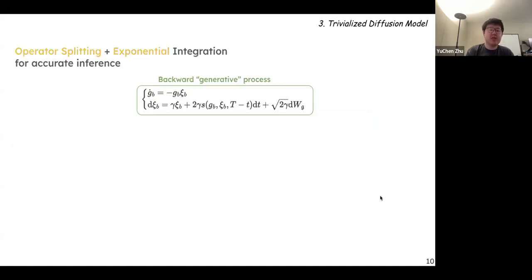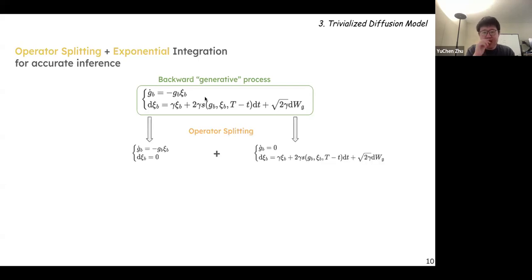What we mean by these integration techniques is that if we look at this generative process, the dynamics itself is highly nonlinear. The drift for G is a nonlinear combination of G and ξ, and the drift for ξ also has a nonlinear score function here, which is hard to deal with. But in fact, we can do operator splitting and turn this into the sum of two much simpler dynamics.